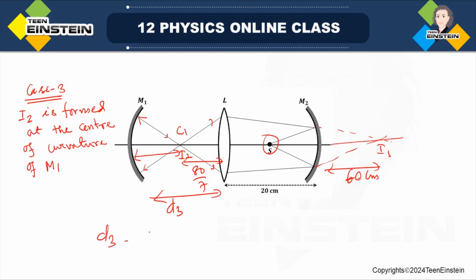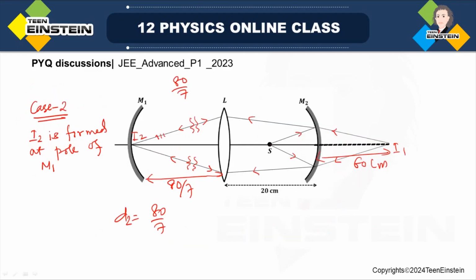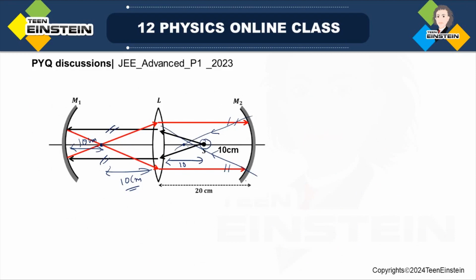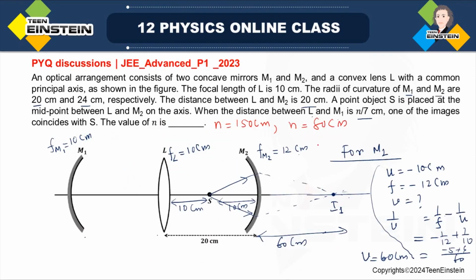So D3 is the radius of curvature, 20 centimeter, plus 80 by 7. So this is 140 plus 80 divided by 7, which is 220 by 7 centimeter. So n is then 220. So I could have 3 situations and 3 values of n. So n will be 220 centimeter. This is the answer for this question.